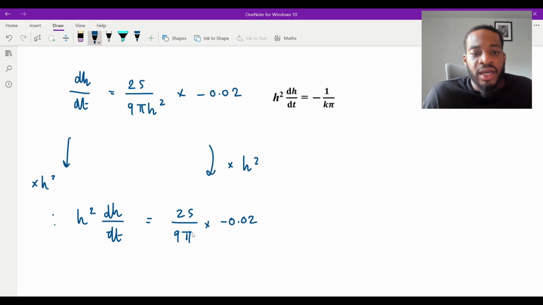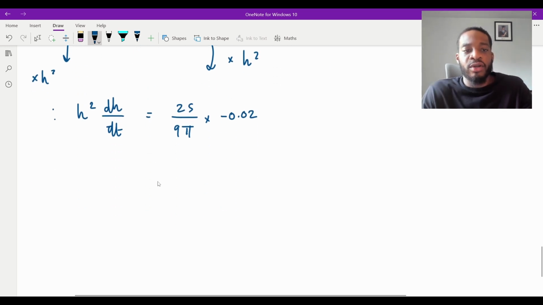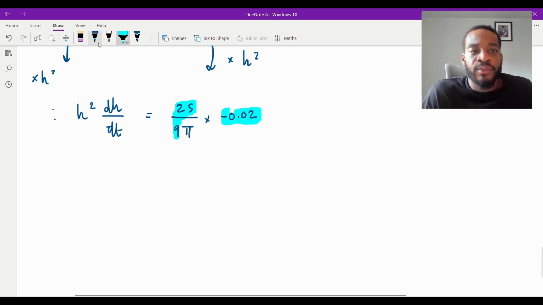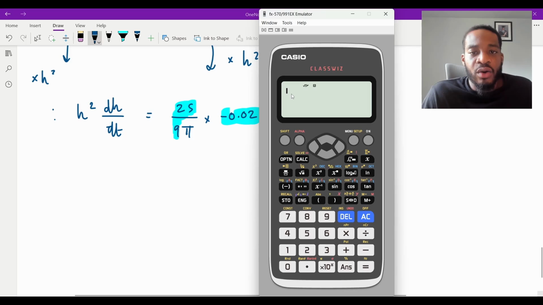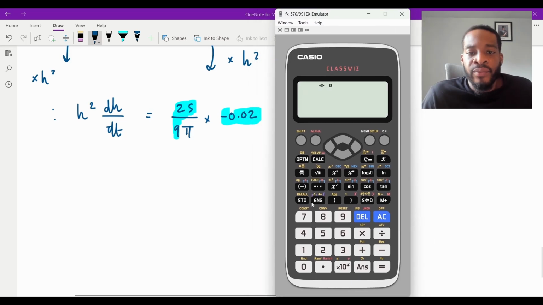Now, the form that they want, they still want the pi, don't they? So what I'm going to put into my calculator now is just 25 over 9 times by minus 0.02. That gives us minus 1 over 18, right?